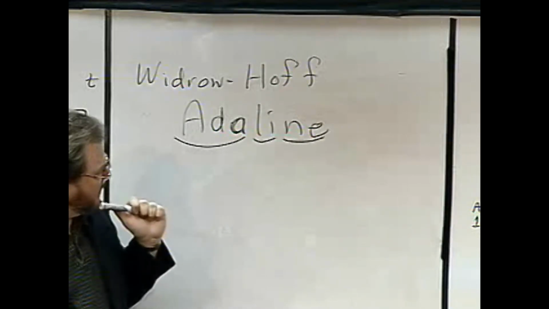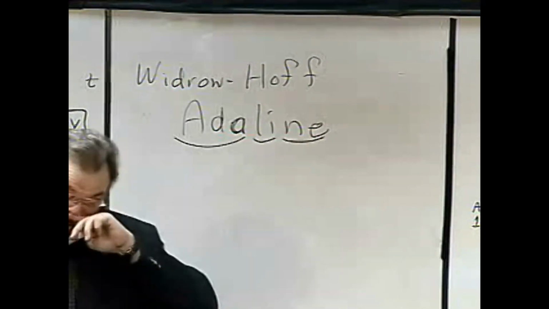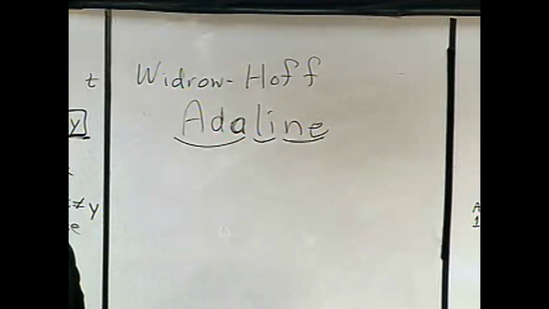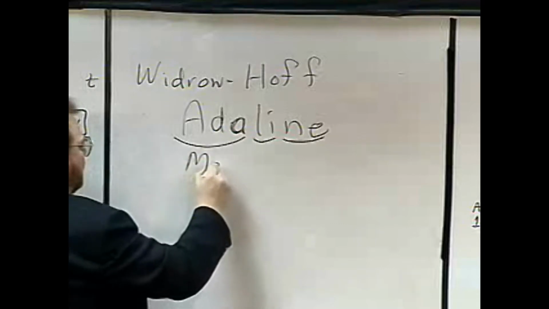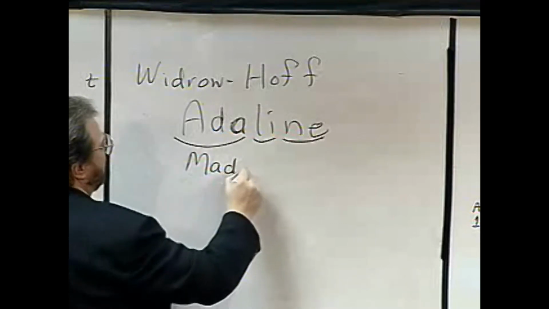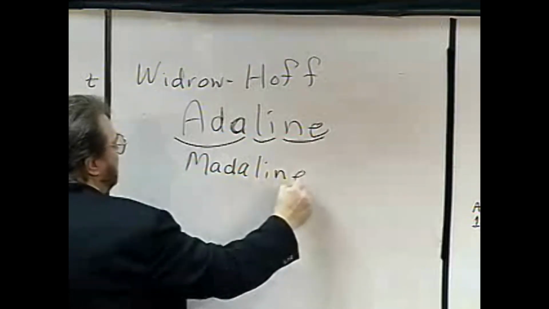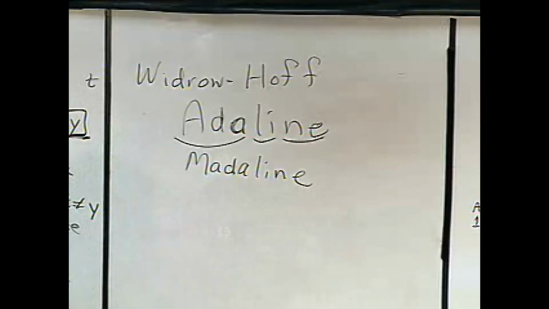You'd think they would call it Adelines, but Adelines would just be a bunch of disjoint single neurons. So they called it Madeline: multiple adaptive linear neurons. So Adeline and Madeline were Widrow and Hoff's way of doing things.